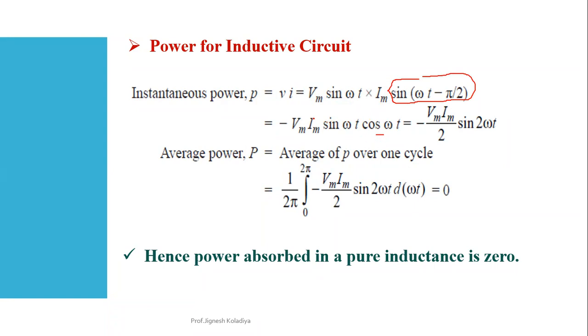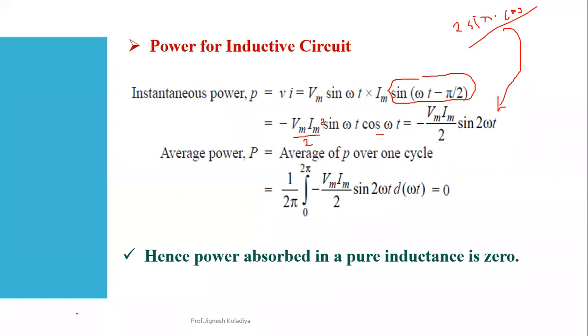Now if you multiply and divide this equation by 2, so 2 sin omega t into cos omega t. This is one mathematical relation: 2 sin into cos, you can write as sin 2 omega t.